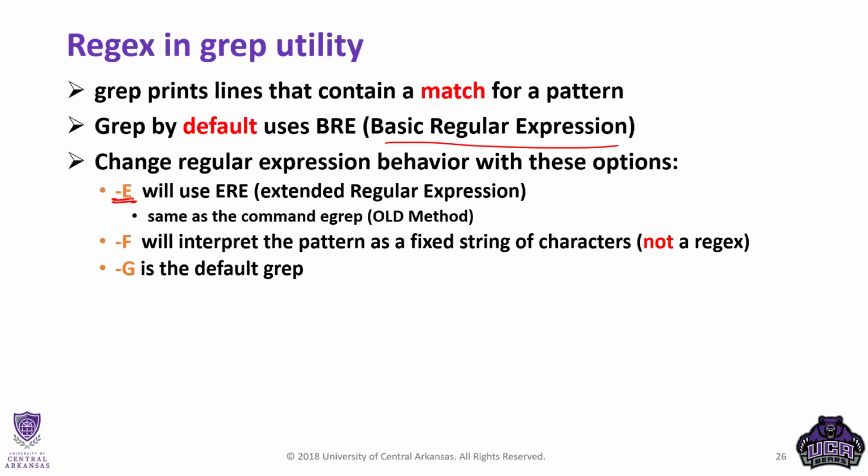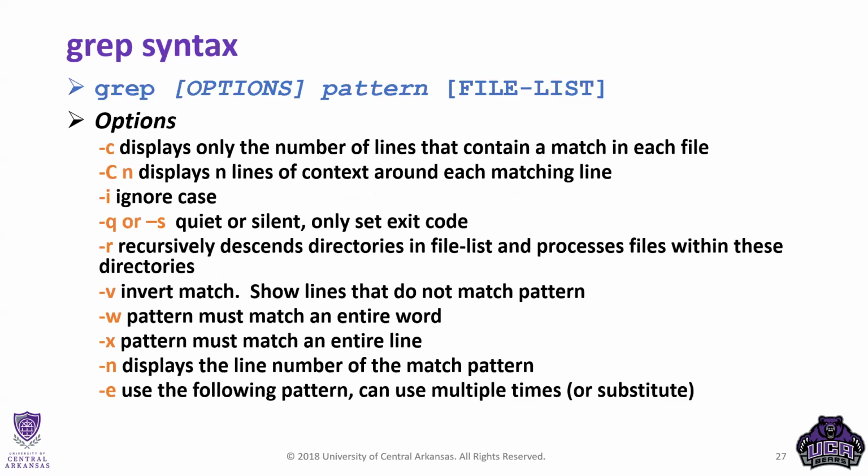So now you have the -E that you can give to it as an argument, and then it'll support the extended regular expressions. And then if you wanted everything to be a literal, you can do -F. And then I have no idea why they have a -G for the default, because I just use the default without it. I don't get it. I don't understand why they did that, but they did.